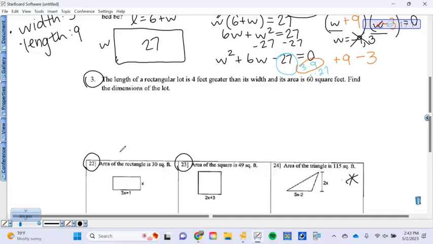It would be 5x, right? W squared plus 3W. It would be 5x, right?